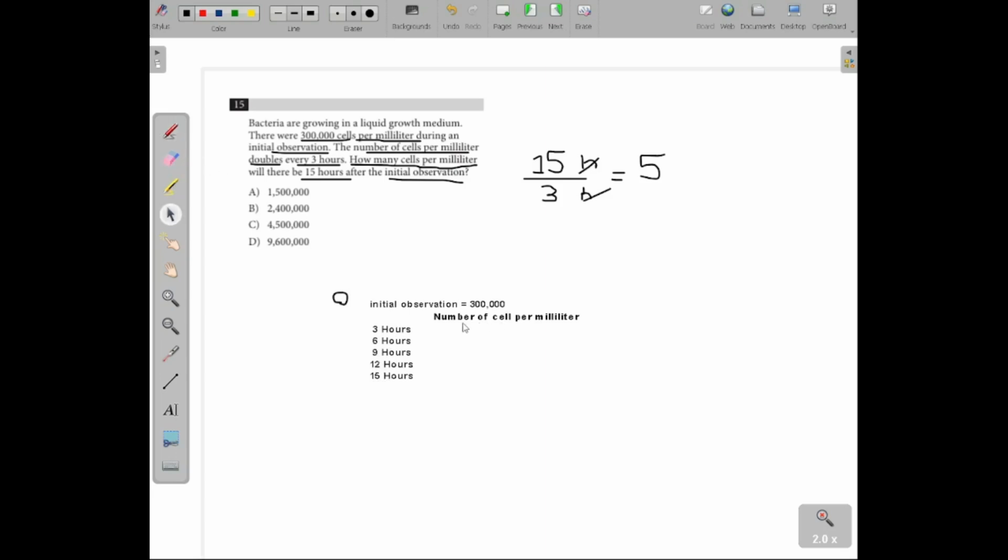And now, if we know that the initial observation is 300,000 and it doubles, so we multiply by 2, we'll have how many cells there are 3 hours after the initial observation, which is 600,000.